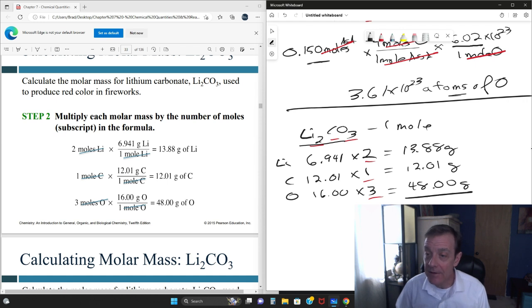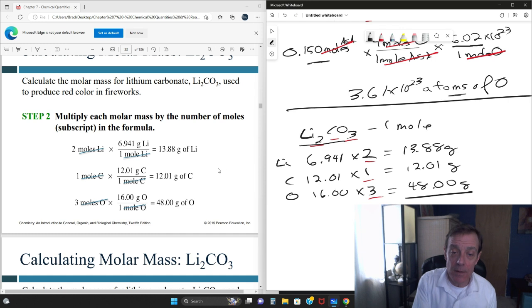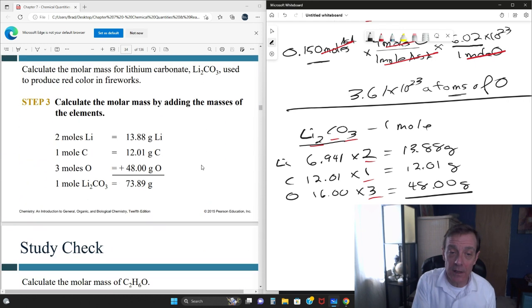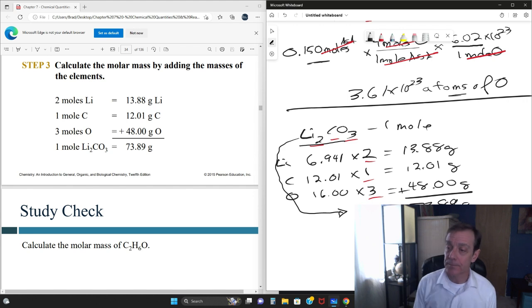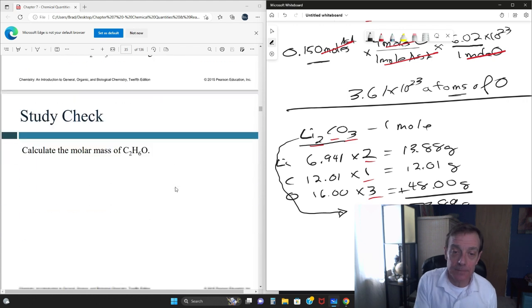And then we just add all of those up, and the molar mass, drum roll here, of lithium carbonate, whoop, that was not very good, but get the gist. Add those up, and 73.89 grams of lithium carbonate in 1 mole. Okay.